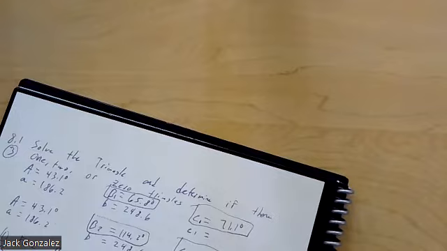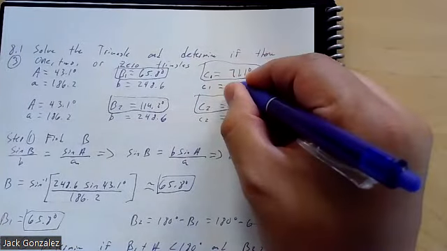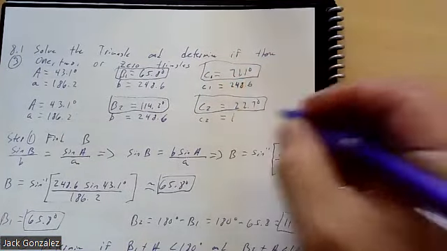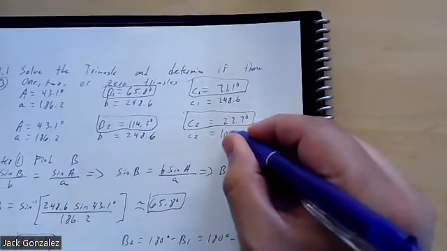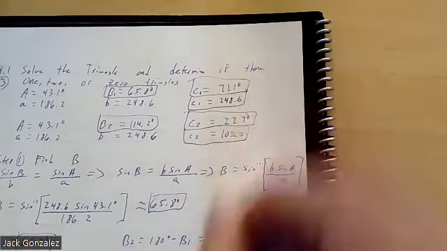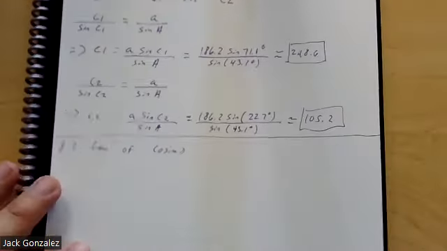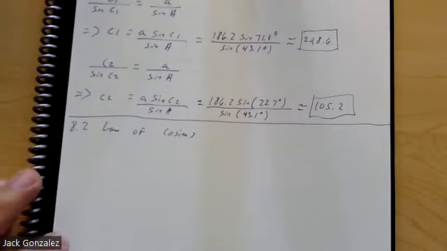Okay. So that was C1. Hold on, let me double check everything. Only C1 was messed up, right? This one. Okay. I hate to give you fake notes.